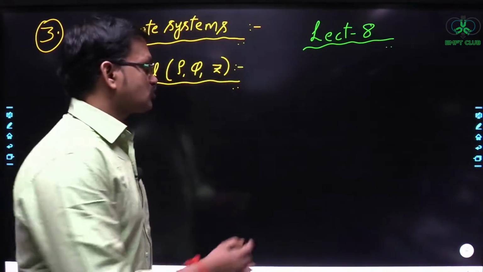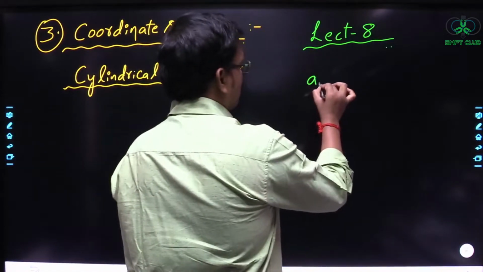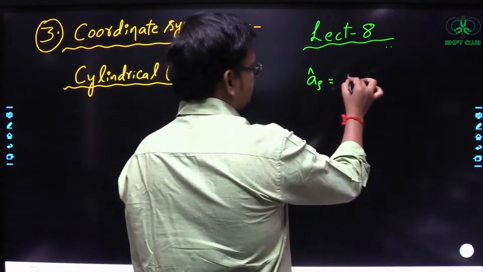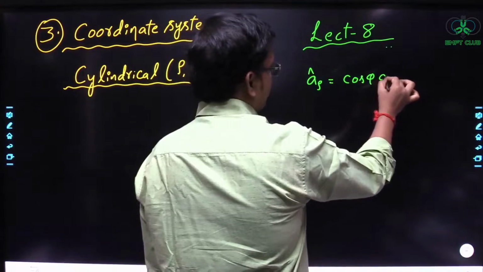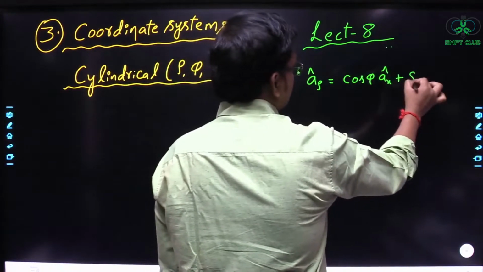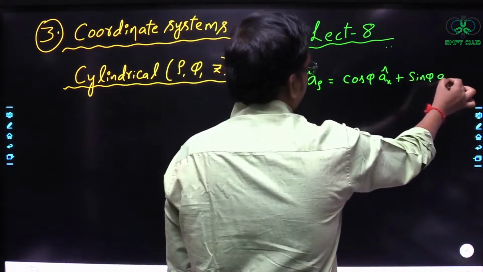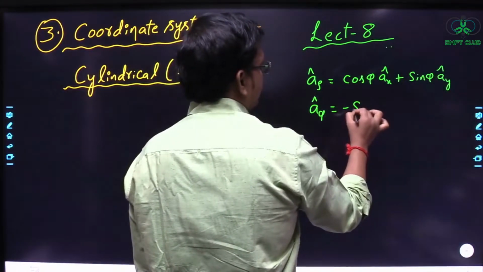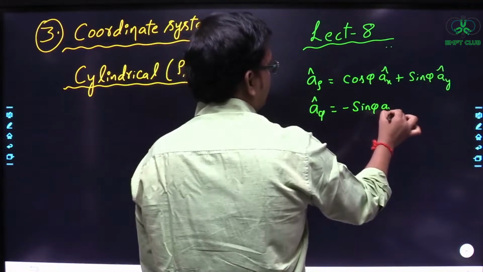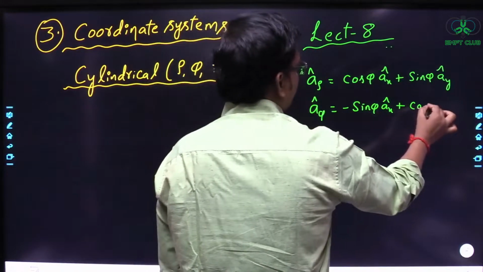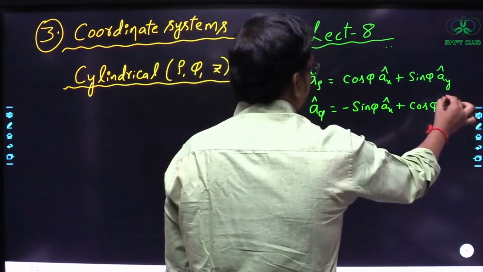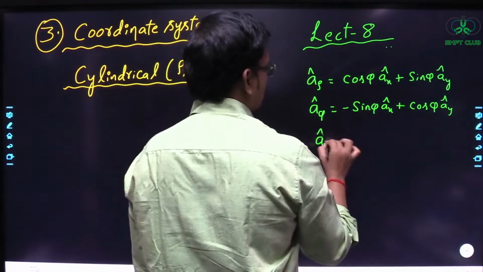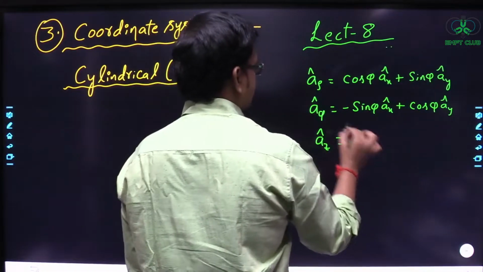So we got a rho cap as cos phi a x cap plus sin phi a y cap, and we got a phi cap as minus sin phi a x cap plus cos phi a y cap, and a z cap is the same as a z cap only.